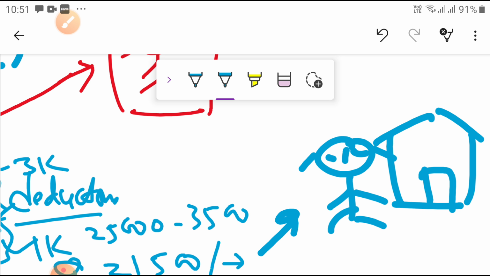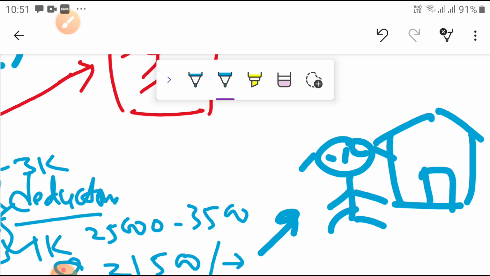So in this case, what will happen? Your father is not an ideal father. His gross salary is 25,000, but instead of 25,000 he has been given only 21,500 rupees.